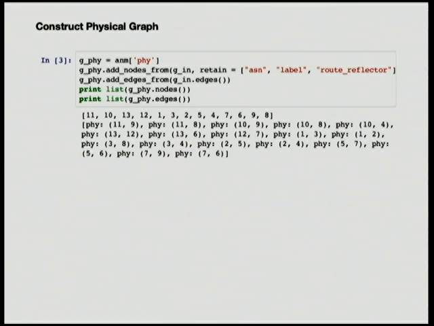So we can get the node list, which is a whole heap of nodes, and we get the edge list, which is an even bigger list of edges, and trying to see if that is actually what I want it to look like is quite hard. It's quite easy to miss one, and when you're building up multi-queries with different attributes, it becomes quite difficult.